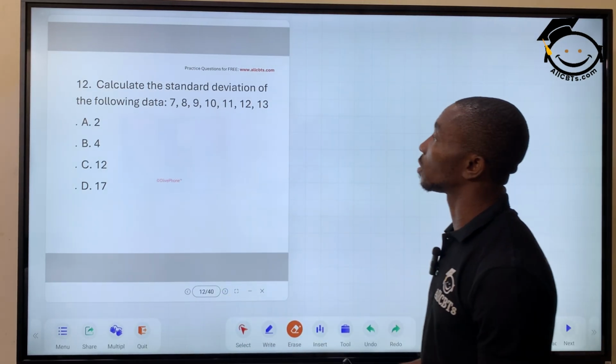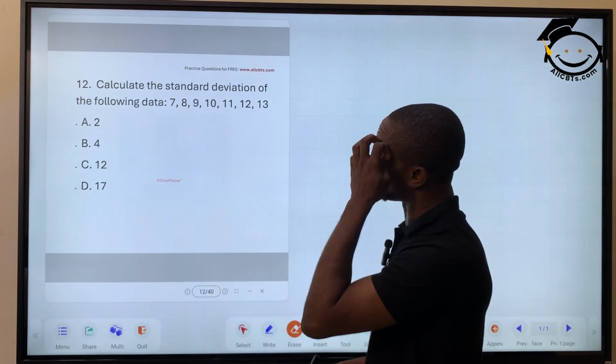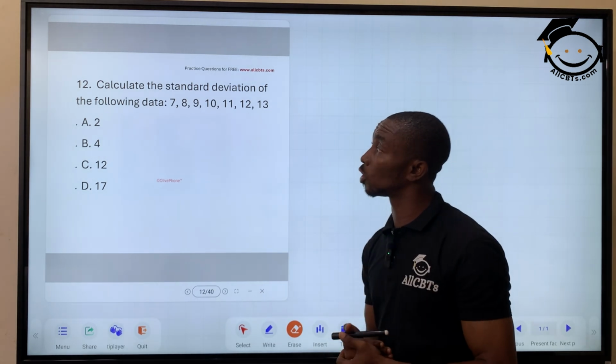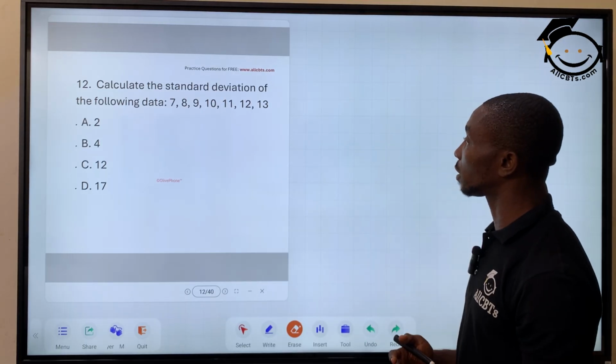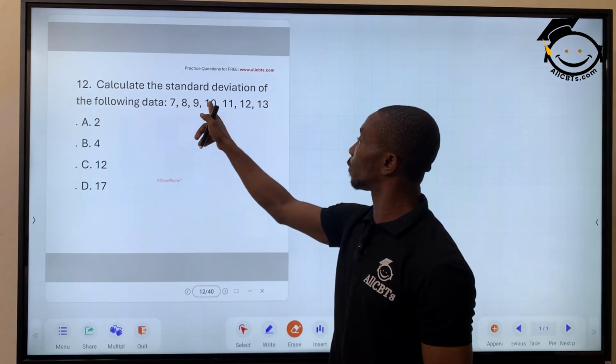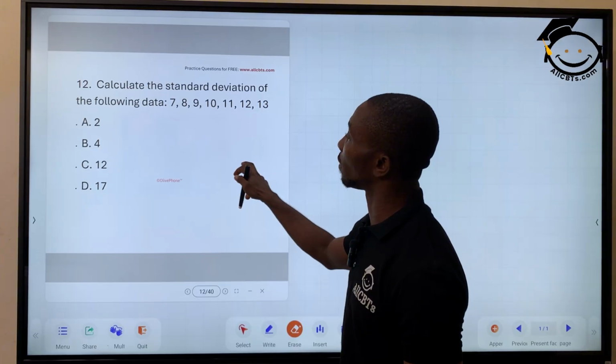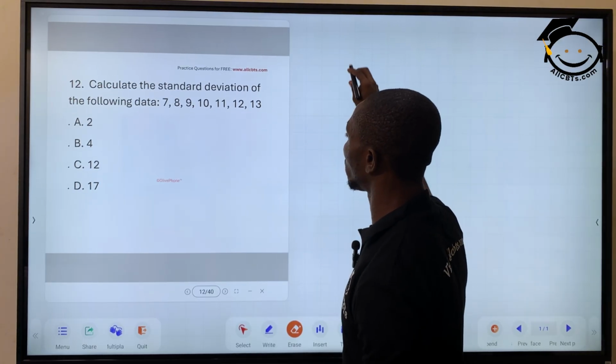Let's calculate the standard deviation of the following data. In order to calculate the standard deviation, we would first of all calculate the mean. In calculating the mean, we have 1, 2, 3, 4, 5, 6, 7 data.